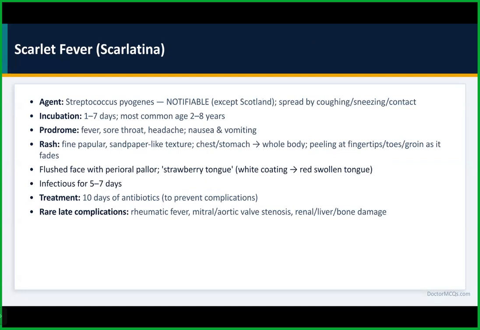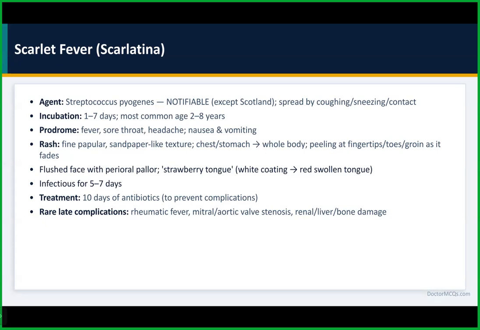Scarlet fever, basically from Streptococcus pyogenes. It is spread by coughing, sneezing, and direct contact. Incubation is 1 to 7 days, and it can affect children from 2 to 8 years of age. The prodrome, similar to almost every viral example, is fever, sore throat, headaches, nausea, and vomiting.